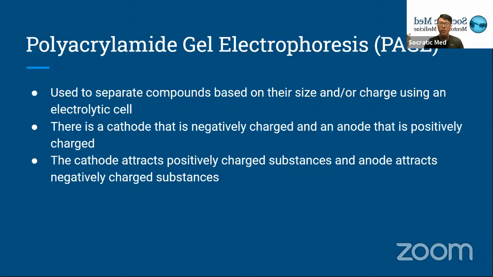Because there's a cathode that is negatively charged and an anode that is positively charged, the cathode will attract the positively charged substances while the anode attracts the negatively charged substances. So the compounds will travel to the side with the opposite charge, and the gel separates the compounds based on their size and charge.